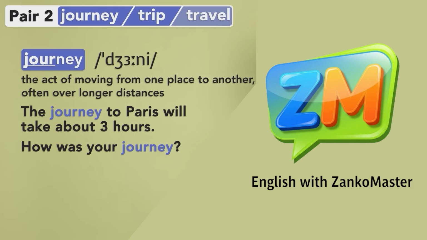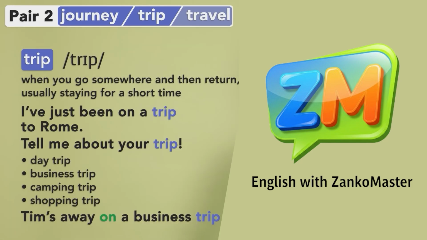A trip is when you go somewhere and then return, usually staying for a short amount of time. For example, I've just been on a trip to Rome. Or, tell me about your trip. We can often talk about going on a day trip, a business trip, a camping trip, or a shopping trip. For example, Tim's away on a business trip. On a trip.